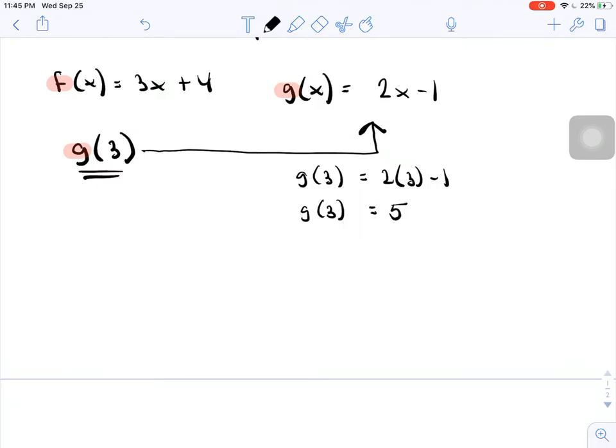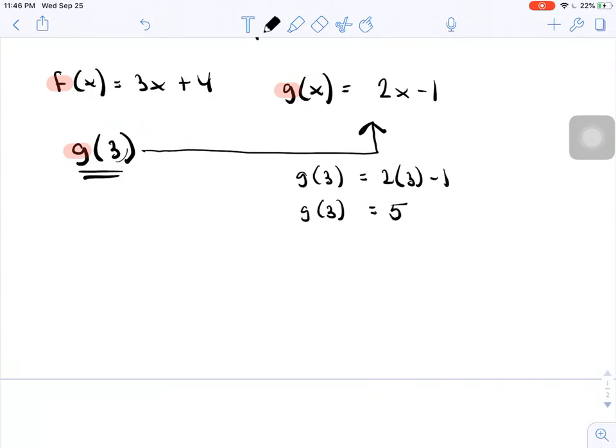There are a couple of other things that you can do with function notation with inputs and outputs that look a little bit tricky, but they actually aren't too bad if you're paying attention to what your notation's telling you. So in this case, g of 3, we were filling in a number for our input.